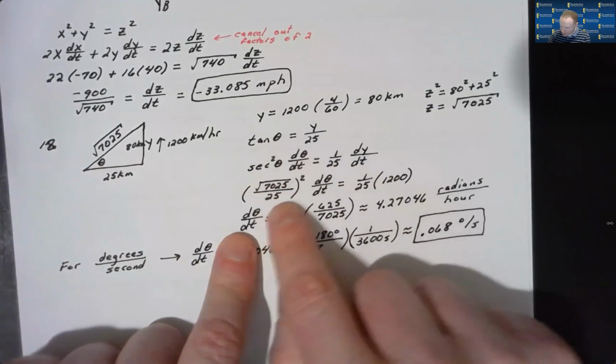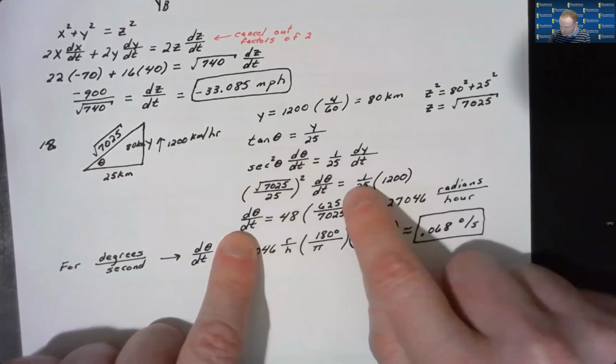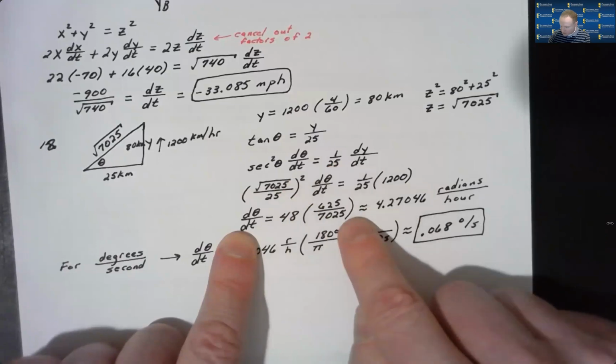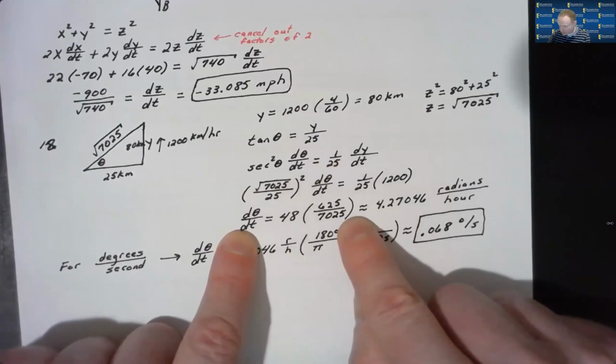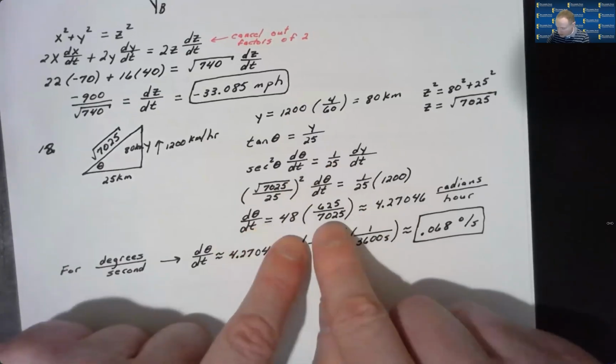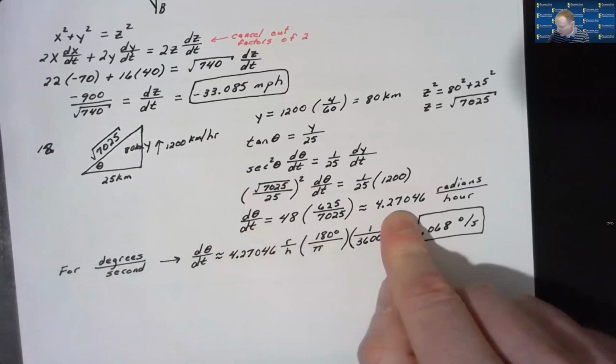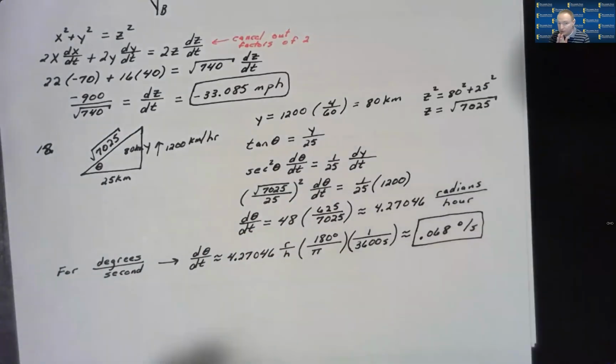That's why you'll see 25 squared, 625, in the numerator, the square root squared in the denominator, just to give you 7,025. 48 times this fraction gave me 4.27046 approximately.